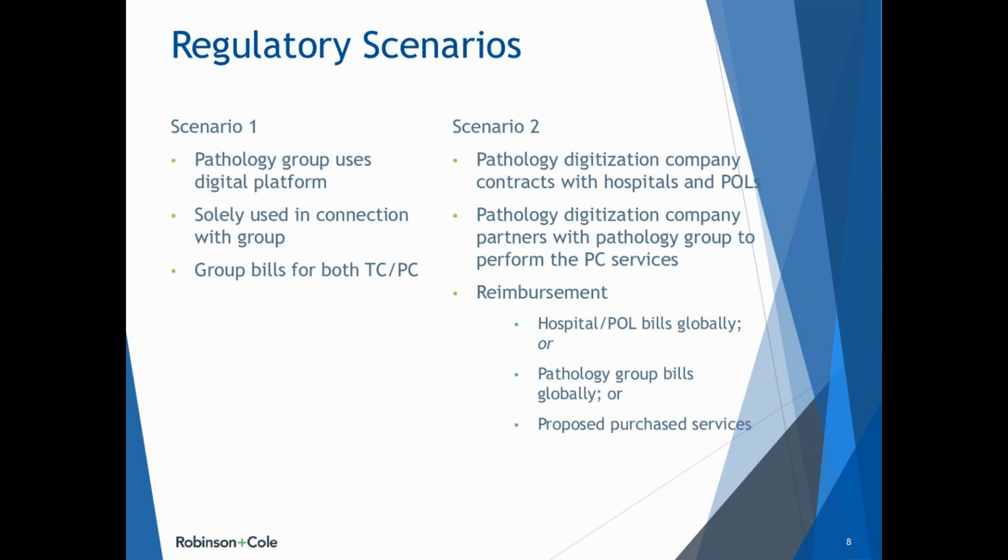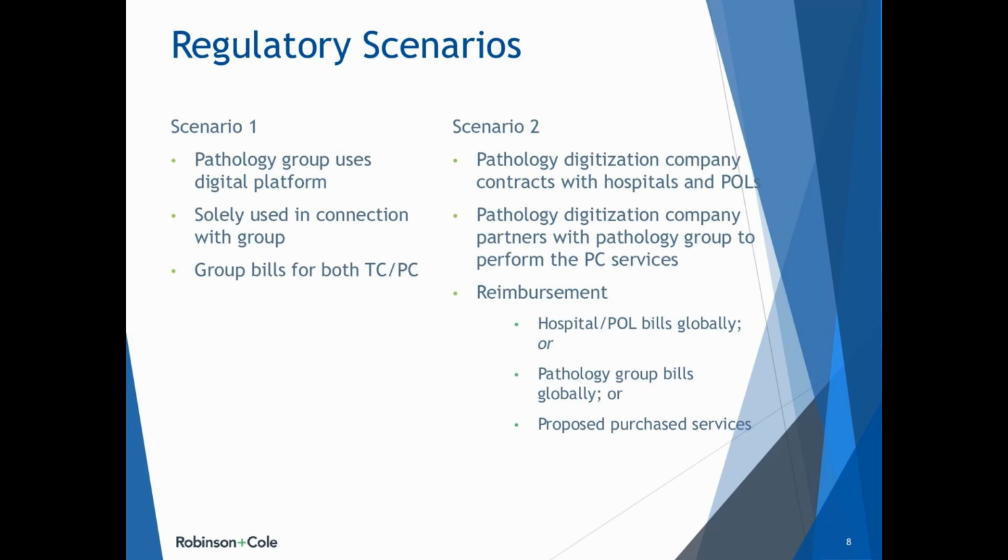Secondly, scenario 2, this one's more challenging in the analysis to think through, but we've seen these pathology digitization companies. They contract with, for example, hospitals or POLs, and they provide this service to help reduce the cost. Sometimes they will partner with pathology groups to perform the purchase service or the professional component.